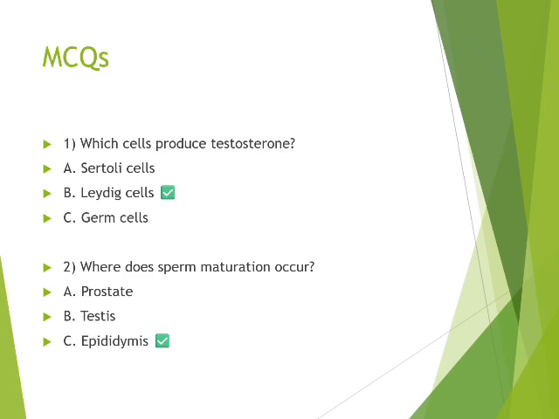Sertoli cells secrete inhibin and give nourishment to the sperms. The Leydig cells are interstitial cells in the stroma of the testis which secrete testosterone. Where does sperm maturation occur? It occurs in the epididymis.